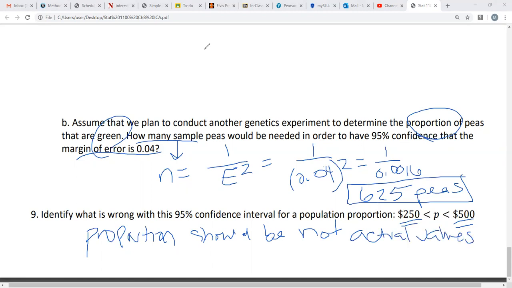So we would need to have it actually expressed as a proportion, either in the decimal, the fraction, or the percent. But we do not want to use just dollars here, giving a range.